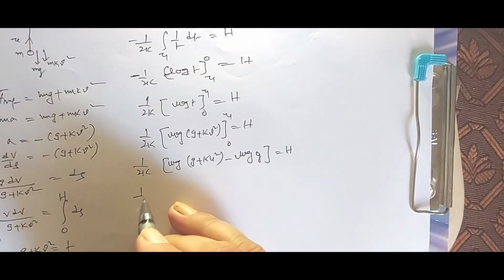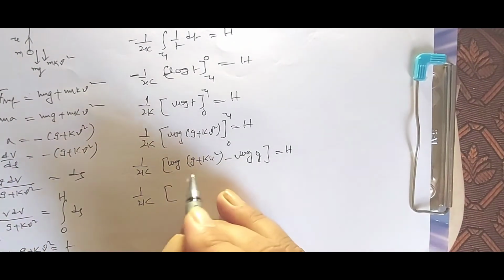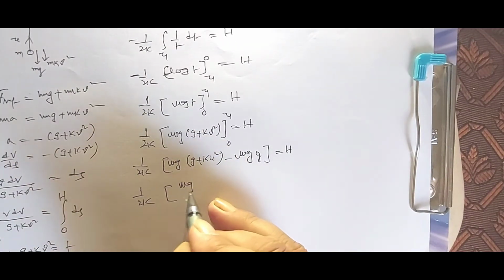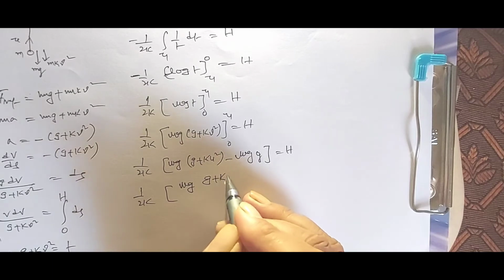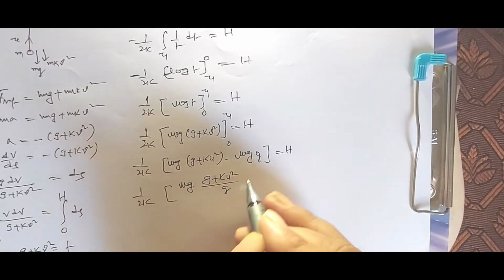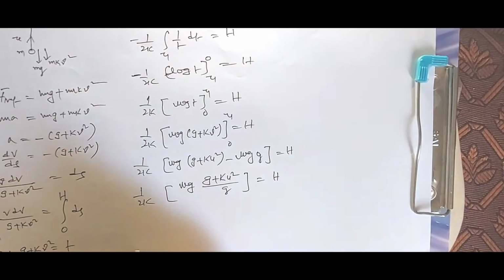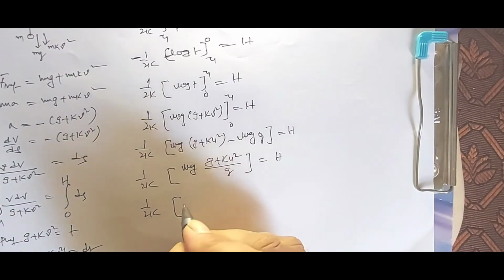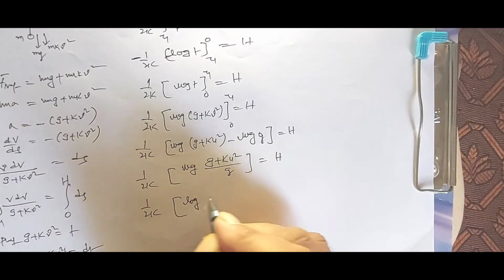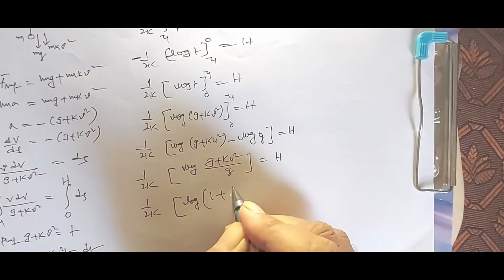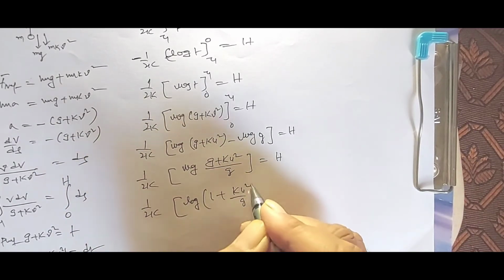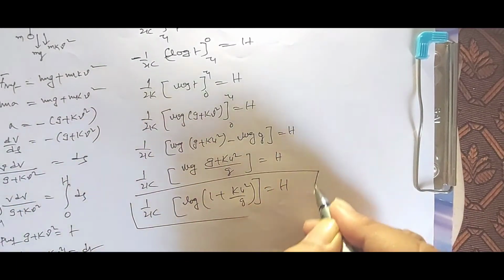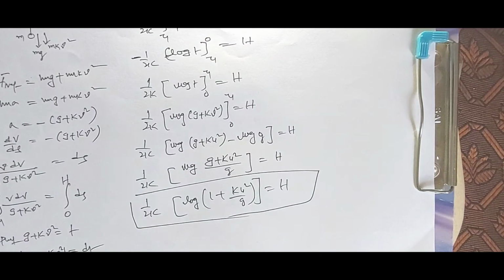This is log a minus log b, which is log a by b, so log of (g plus k u square) by g. Splitting the bracket, 1 by 2k log of (1 plus k u square by g) is equal to h. So this is the maximum height reached by the ball.